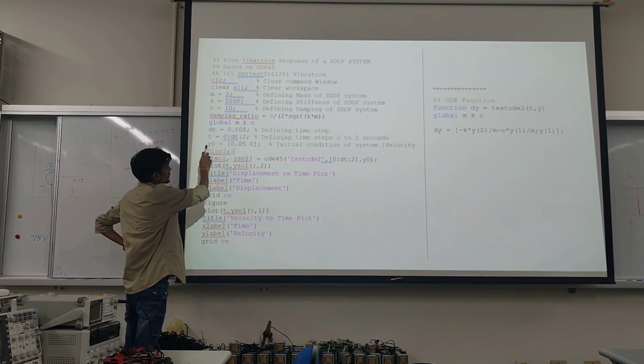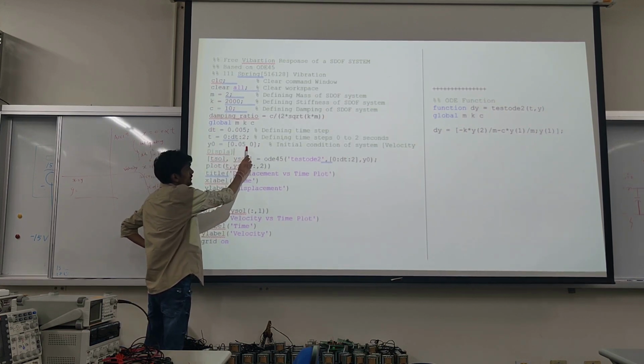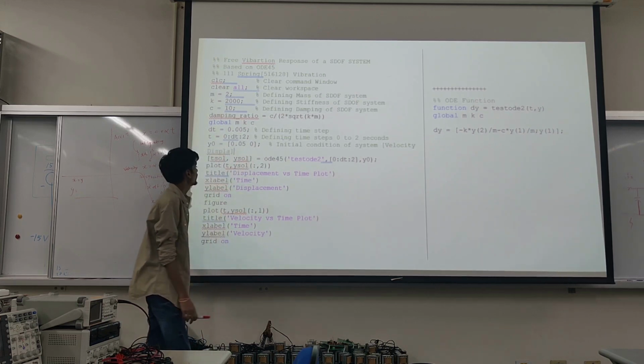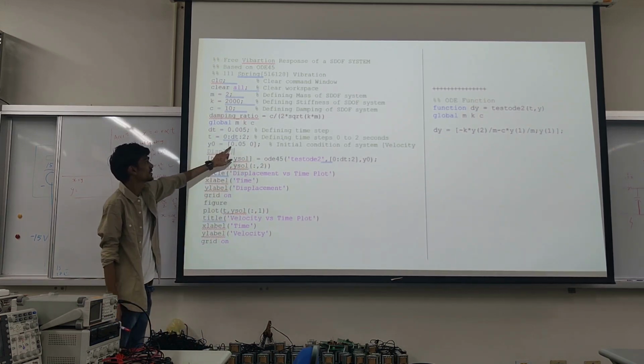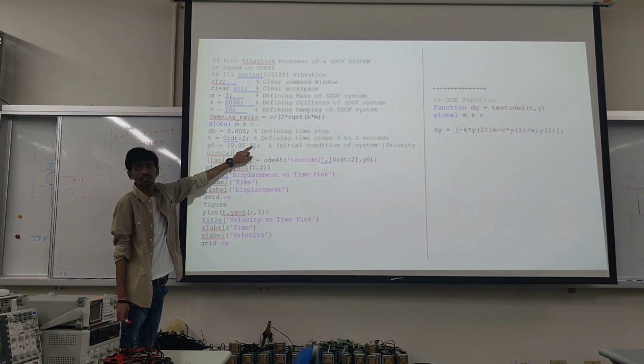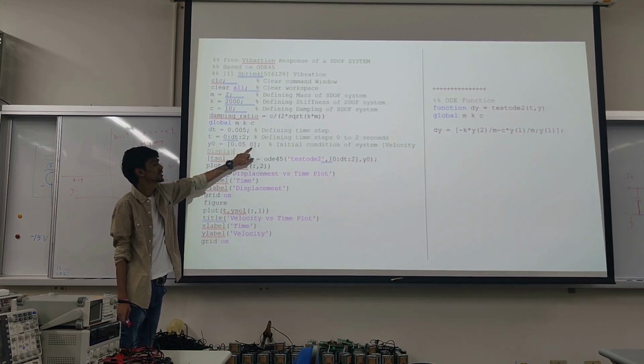So these are the initial conditions. y0 is equal to 0.05 and 0. So we have the velocity and displacement initially. This is the velocity. This is the displacement.